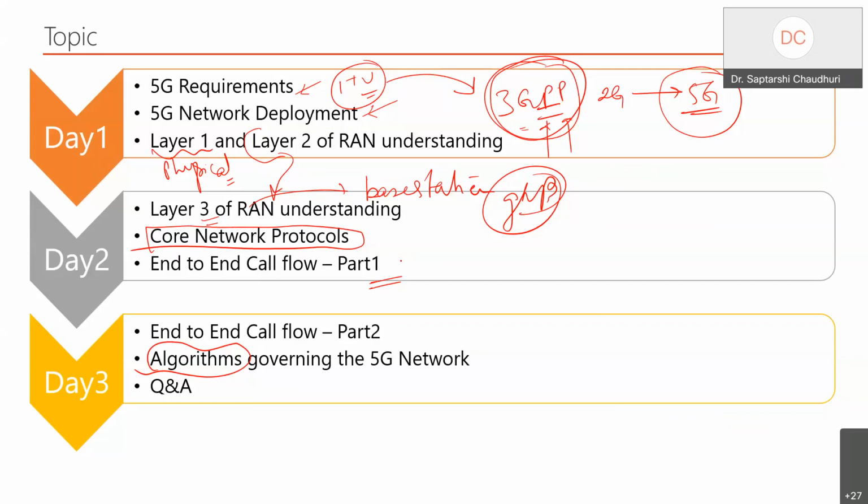The entities with respect to the device, the base station, and some of the core network entities all participate to make sure that a packet is successfully delivered from the internet towards the phone, and vice versa from the phone back to the internet server. So a lot of things happen. I'll try to talk about the first part, how a mobile actually gets into the system, into the network.